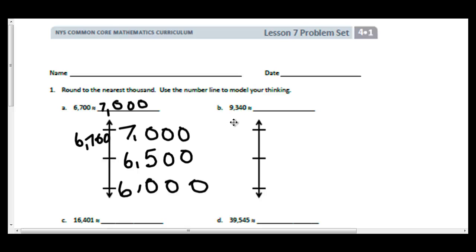So how many thousands are in 9,340? Okay, what's a thousand more? That would be 10,000. So what would be halfway?